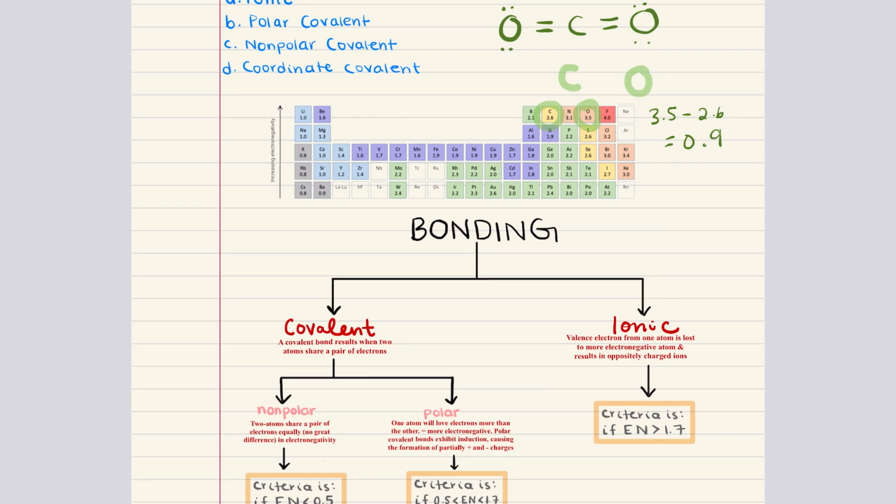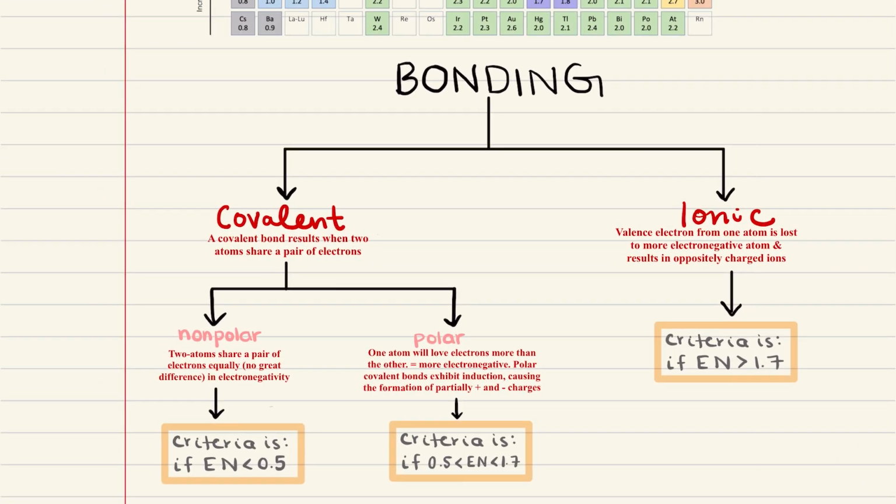Now we can depend on our flowchart for bonding to figure out what that difference in electronegativity tells us about this carbon-oxygen bond. So let me remind you really quickly, a covalent bond results when two atoms share a pair of electrons. And you can have two subgroups of covalent bonding.